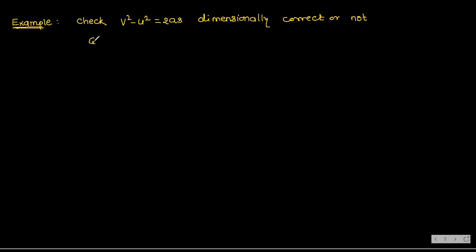And given is what? V is velocity. I will write final velocity. Okay, you know this. V is what here? Final velocity. U is initial velocity.